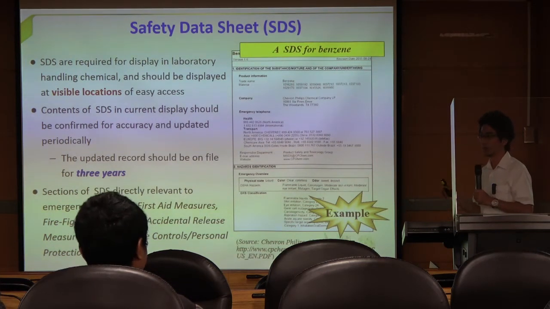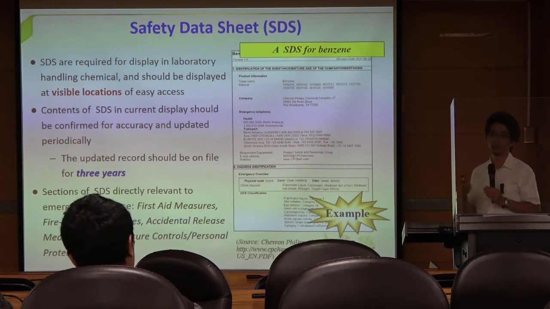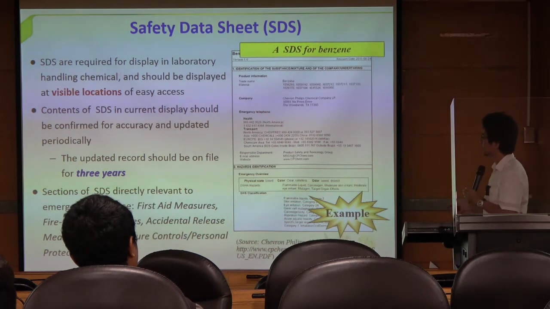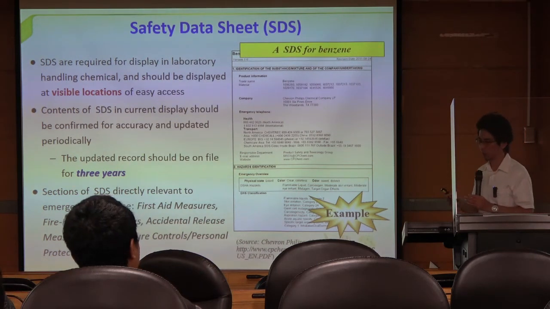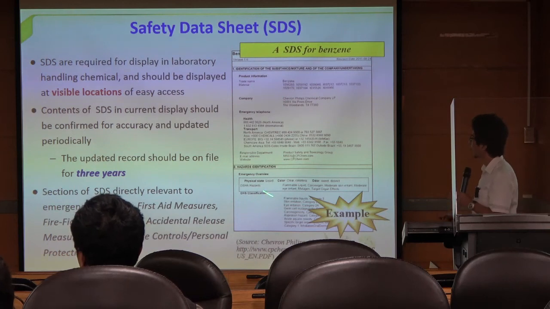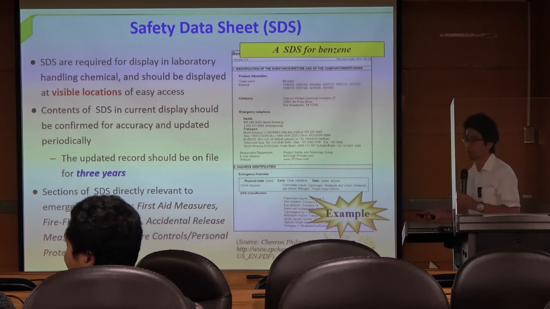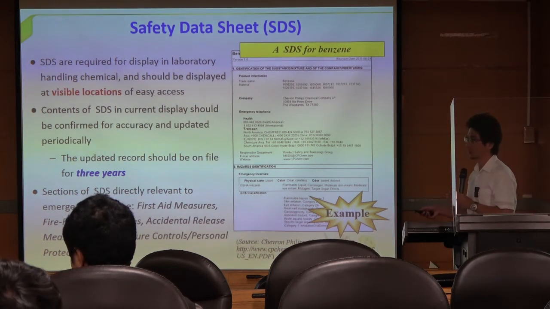But usually, as I said in the beginning, lots of reagents are only tested once or twice, then stored there for a long time. So I think it is necessary to print out the SDS for the usually used reagents in your laboratory, and the SDS will be updated maybe every 1 or 2 years.